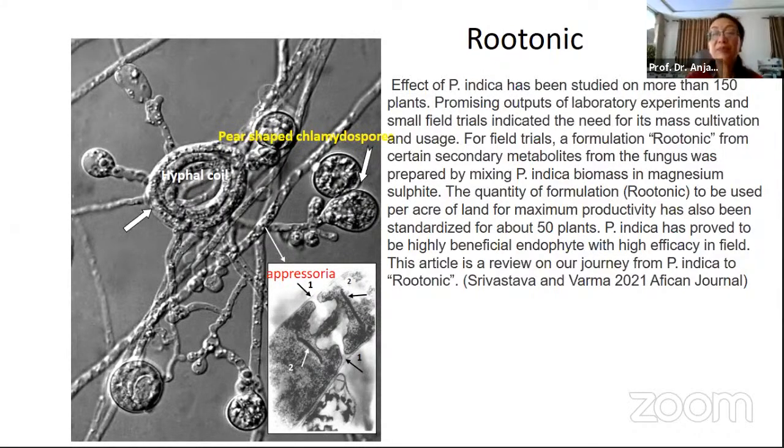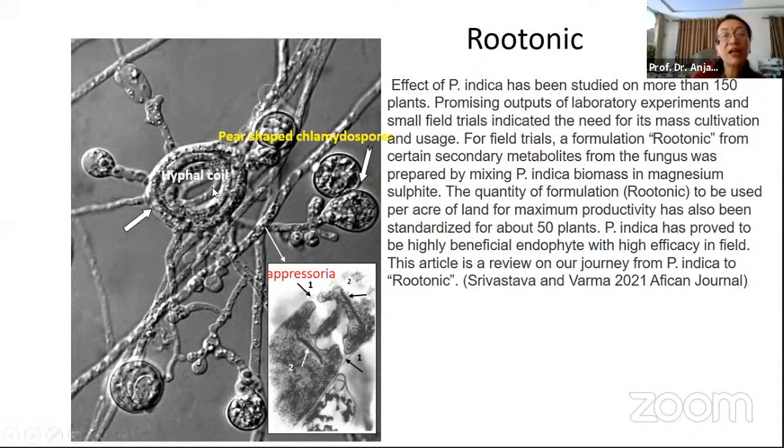It has been standardized for almost 50 plants, and Piriformospora indica has proved to be a very highly beneficial endophyte, highly efficient in the field. So they have written a review article on their journey with Piriformospora indica to Rootonic. That is how this term Rootonic came up, and it was published in African Journal by Srivastava and Verma in 2021.